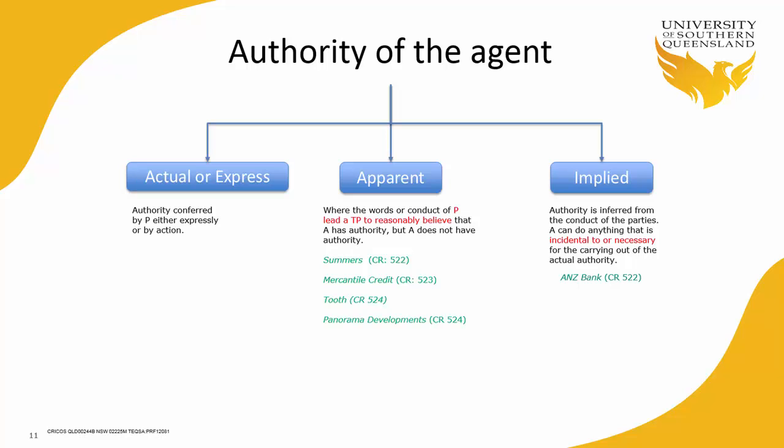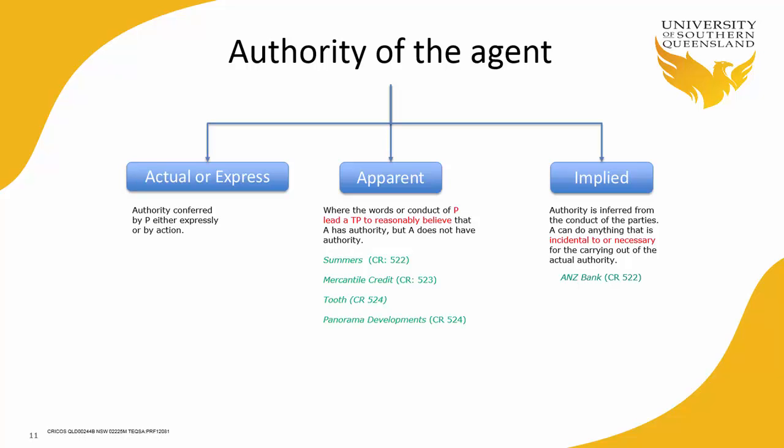So it's reasonable for a third party, looking at what the principal is doing from their words and conduct, based on the reasonable person test, to say, oh, this agent has authority to do what they are doing, basically dealing with me and entering into this contract with me on behalf of their principal, even though in reality the agent does not have that authority. Okay, so it's a form of really almost misleading the third party to believe that the agent actually has this apparent authority. But because of that, we enforce this apparent authority on the principal, even though the agent doesn't have that authority.